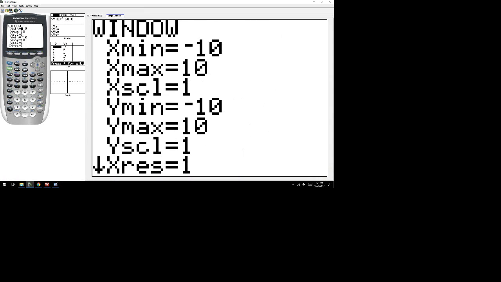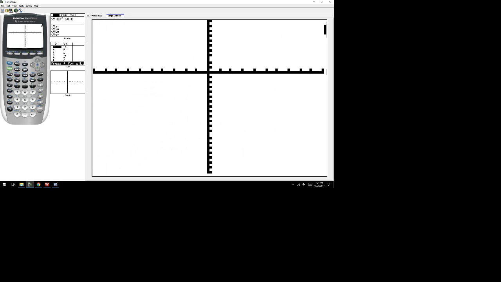Hey, did you get that as a picture? What are you missing? The bottom of it, which means it is my X's or my Y's when I go to my window. Y minimum, there you go. What do y'all want to change it to? Negative 20? Okay. You just need it big enough so that you can see your vertex, right?